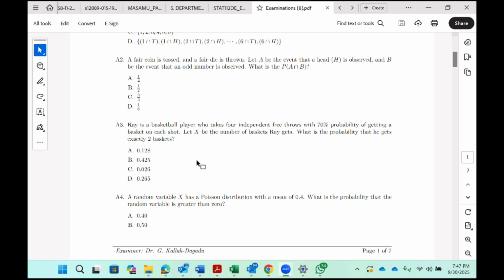So in question 3, what experiment are they describing here? X will follow what? X will follow binomial with n equals 4 and p equals 0.70, 70%.